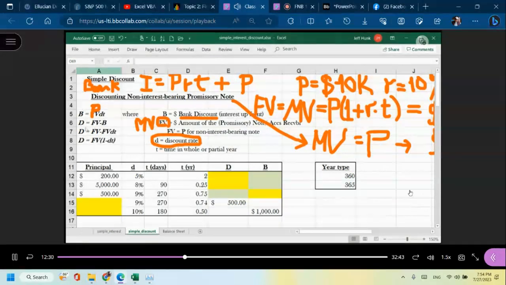think about it. If this is what the bank takes, what is left for you is P minus B, isn't that right? So that's called the proceeds. So D is called proceeds.